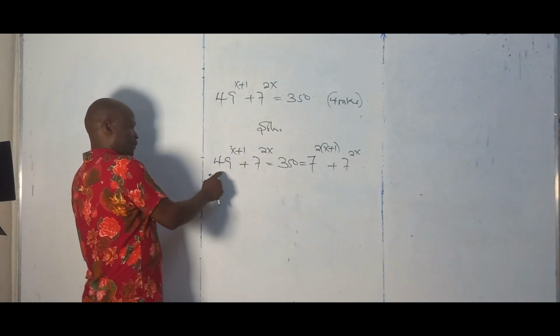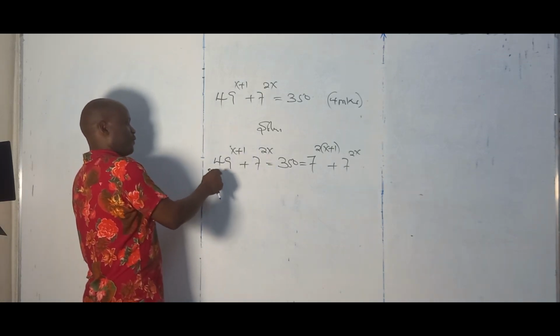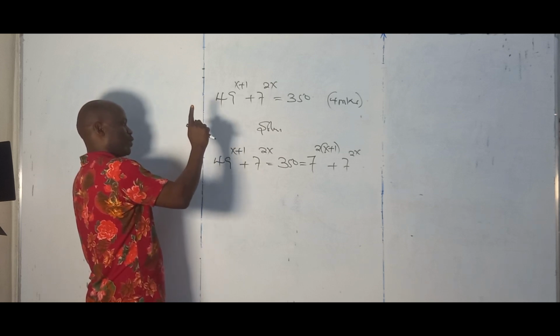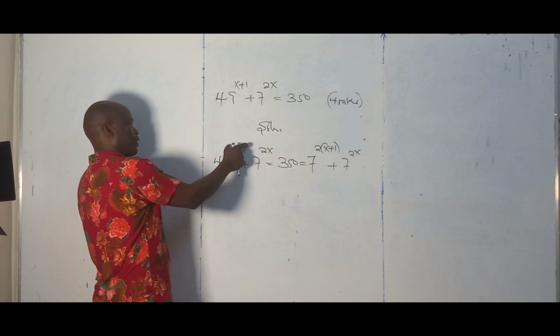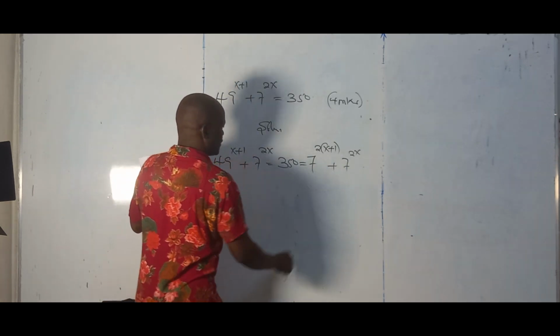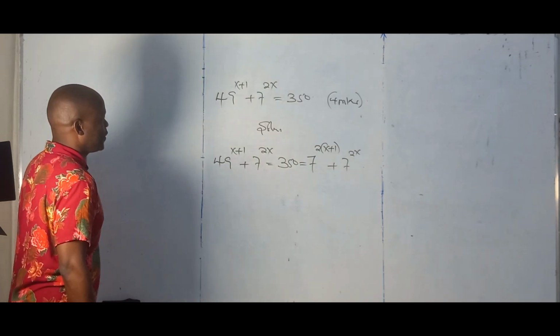Because if this is now 7 squared, which is 49, then the 2 should multiply this power. That's the first step.